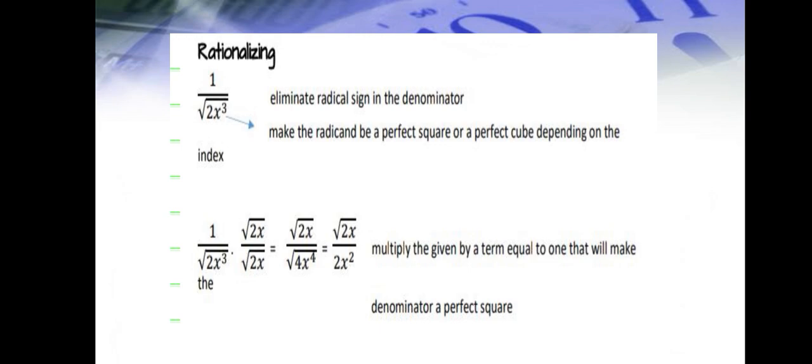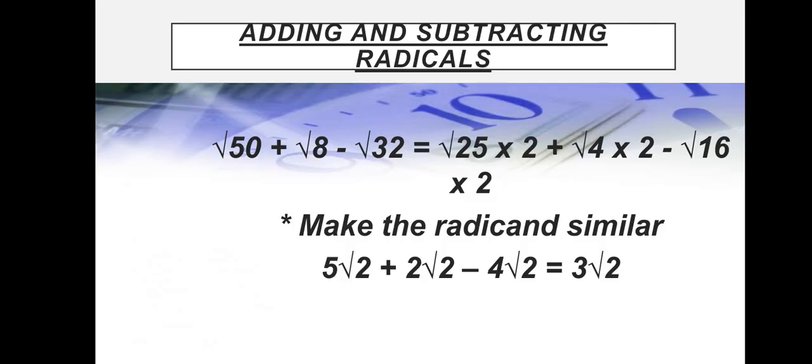Make the radicand a perfect square or a perfect cube depending on the index. 1 over square root of 2x cubed times square root of 2x over square root of 2x is equal to square root of 2x over square root of 4x to the 4, which equals square root of 2x over 2x squared. Multiply the given by a term that will make the denominator a perfect square.